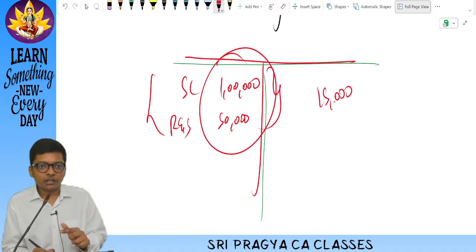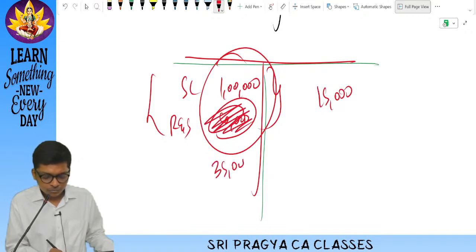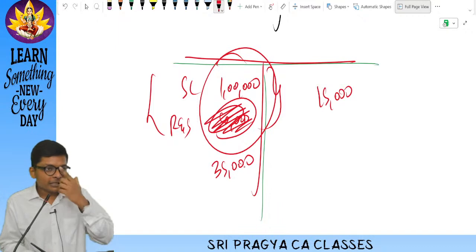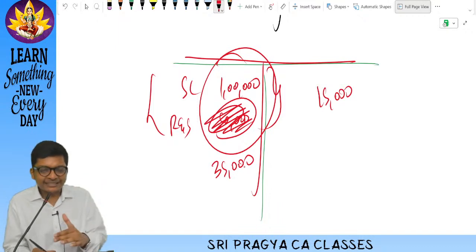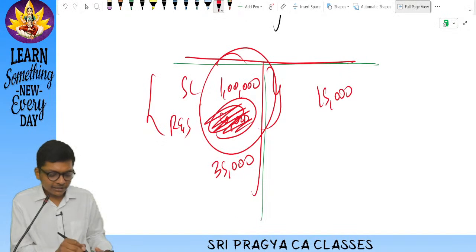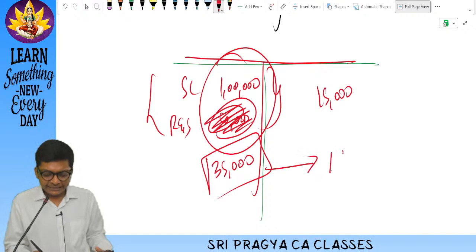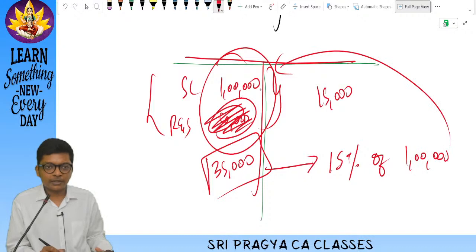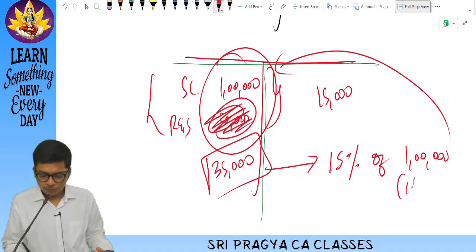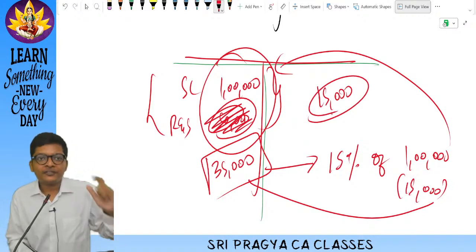After withdrawing 15,000, the reserves will become 35,000, that is 50,000 minus 15,000. This balance of 35,000 should be at least 15% of paid up share capital. What is 15% of 1 lakh? Do we have that much? Yes. That means I can withdraw 15,000.